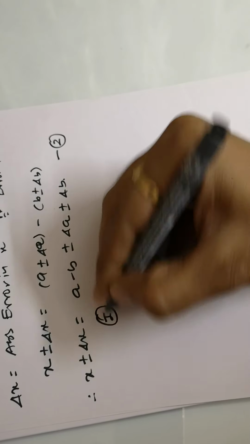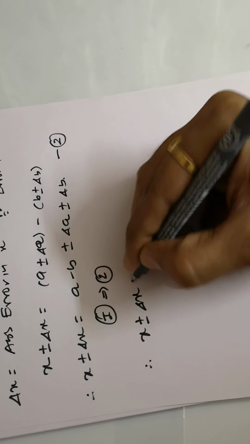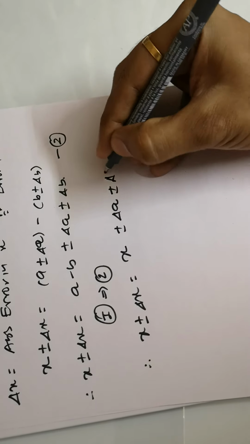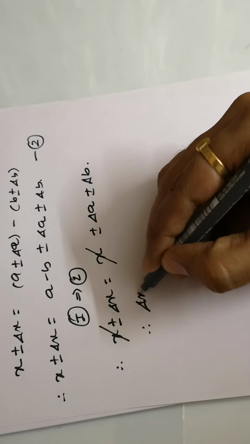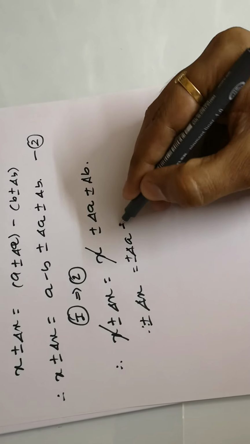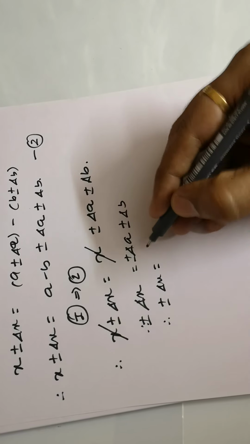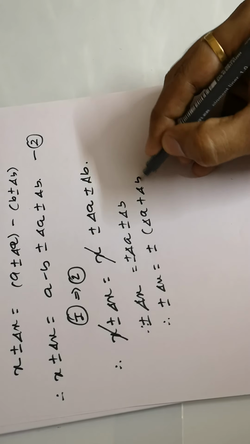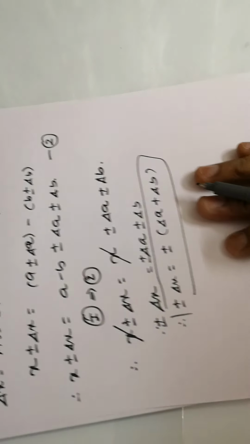So equating this value of 1 into 2, x plus or minus delta x equals a minus b plus or minus delta a plus or minus delta b. x can be cancelled out from both sides. We get plus or minus delta x equals plus or minus delta a and plus or minus delta b. Bringing plus or minus common from both sides, I have delta a plus delta b. This is nothing new, the same formula we learned for the addition part.